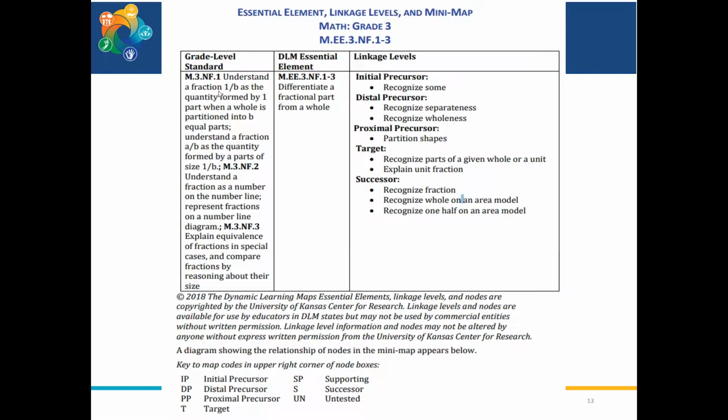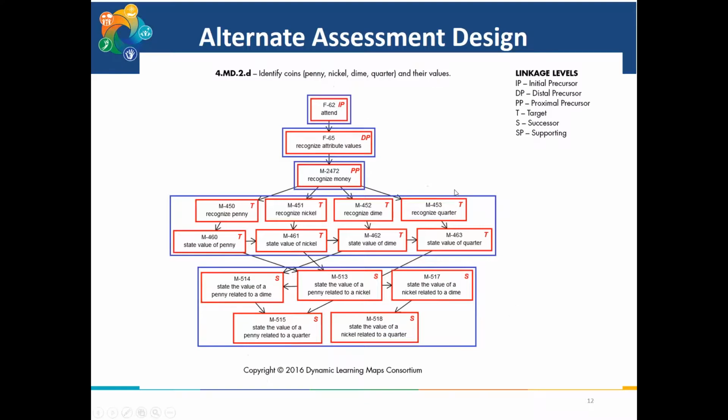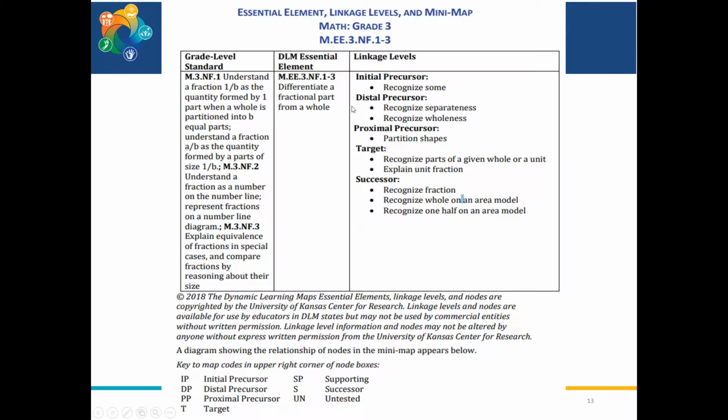So this is that same, let me just go back one so you see where I am. This is for this essential element, EENF123, which is differentiate a fractional part from a whole. And this is taken from the blueprint that I showed you a few minutes ago, where to get the blueprint. So this is one of the essential elements that's taken from the blueprint.